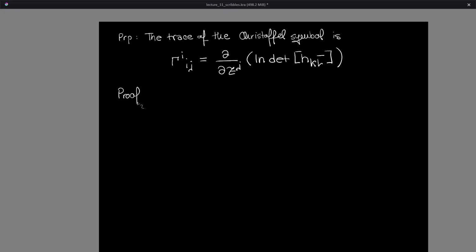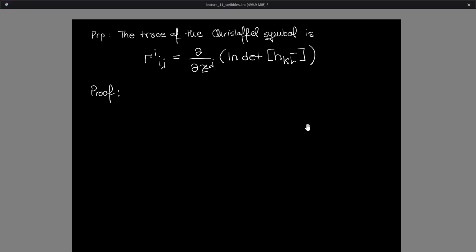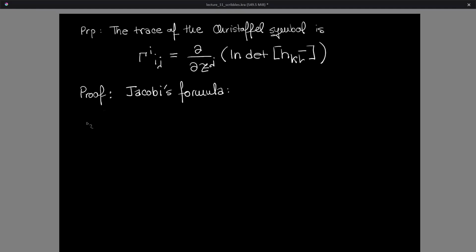So the proof: we're going to use a pretty famous result here called Jacobi's formula. So let's first state Jacobi's formula. This is the formula for how to expand the derivative of a determinant. On one side we have a parameter t, and then we have the derivative of the determinant of A of t, where A is a matrix with a parameter t.